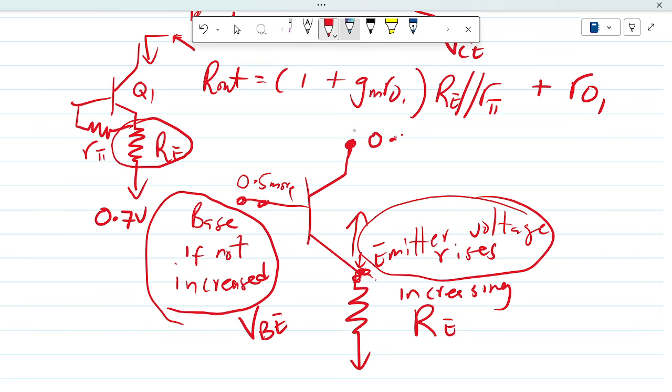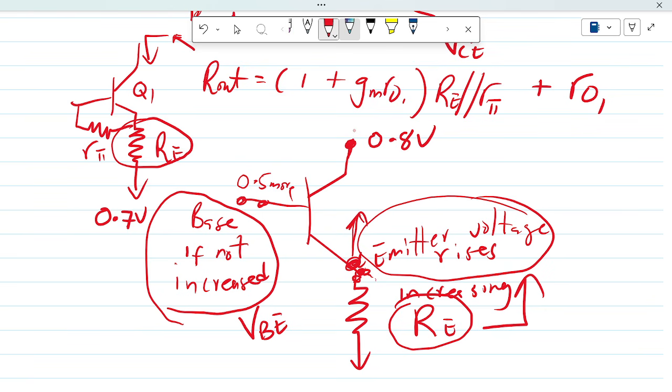We can look at soft saturation, but let's not go into that yet. Let's just look at it being more positive. So let me just put 0.8 here for easy understanding. Now when the emitter resistance increases, the voltage at the emitter should also increase.